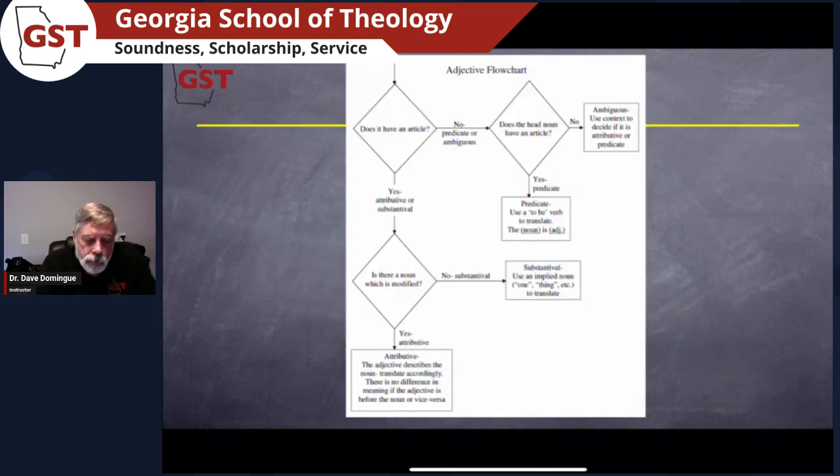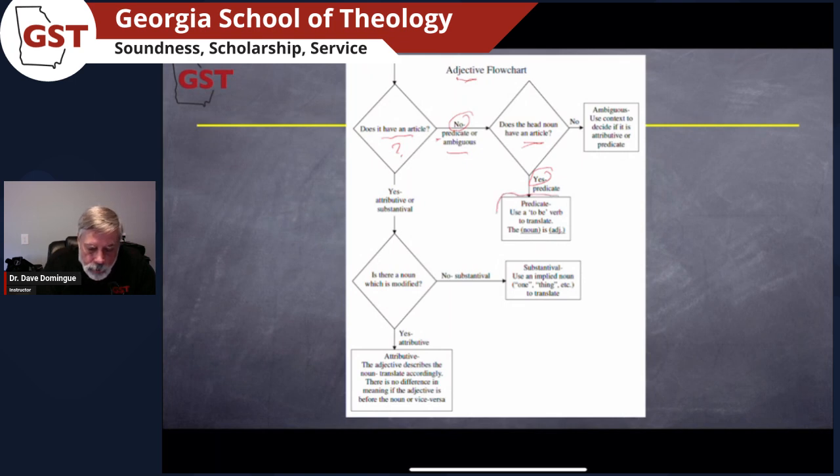So it follows this flow chart. For example, we're talking about the adjective. Does the adjective have an article? The answer here is no, it doesn't have an article. If the answer is no, then it's either going to be predicate or it's ambiguous, and the context will have to tell us. Does the head noun have the article? Well, if the answer is yes, so we've got the noun with the article and the adjective without, then it's going to be predicate.